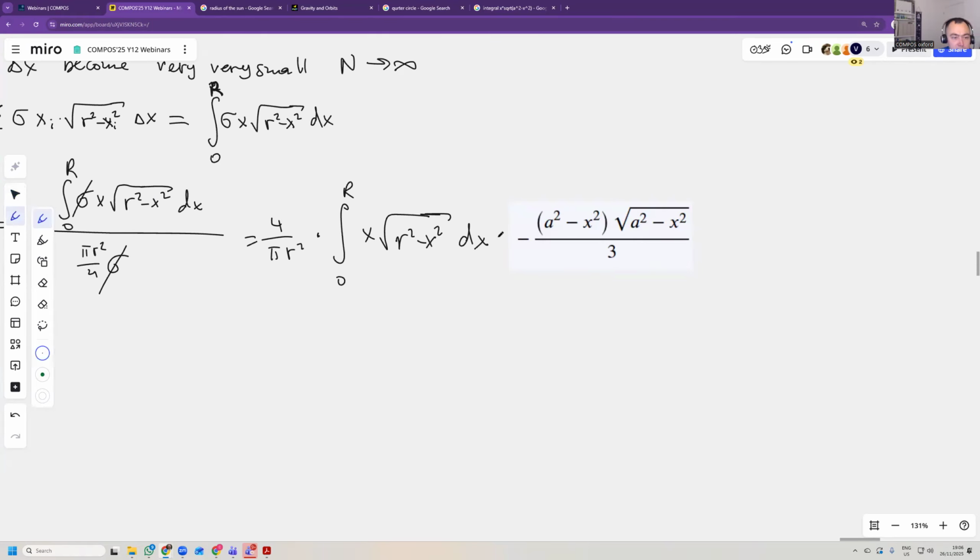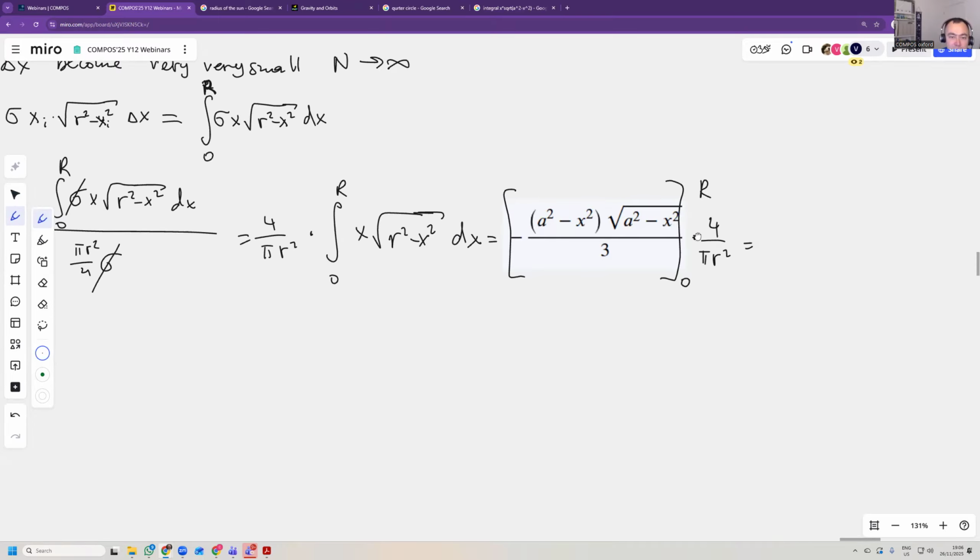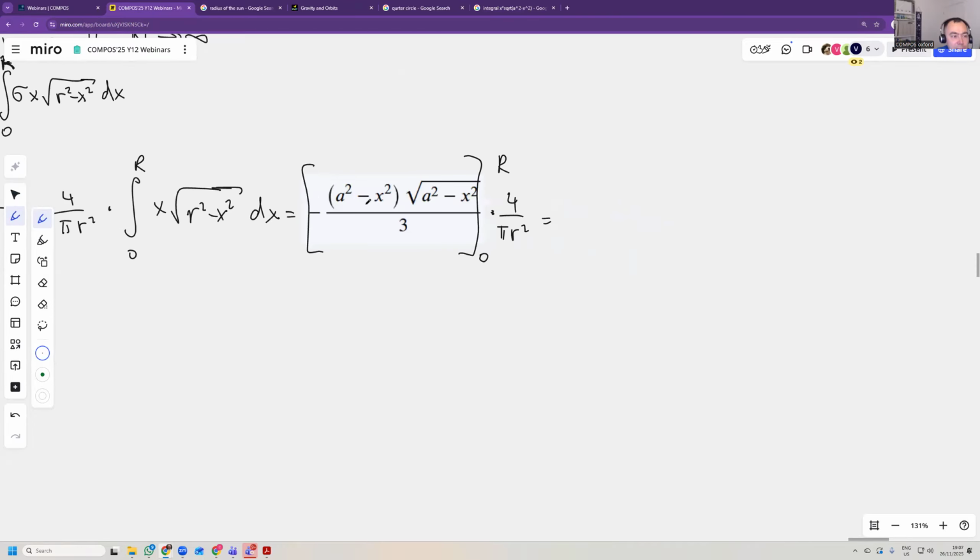Right. So that's equal to this multiplied by 4 over pi r squared, and this is between limits of 0 and r. If you substitute r, that's 0.